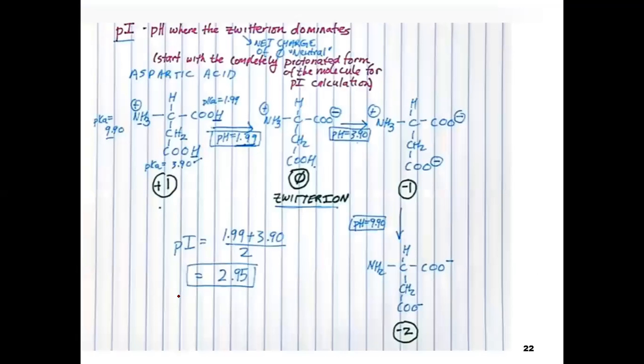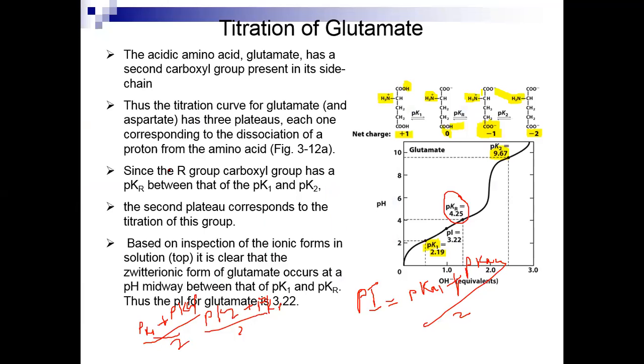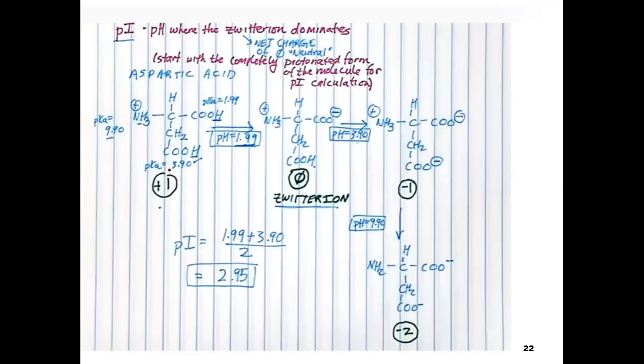If you look, after the pK1, which is around, say for example, 3 point something, zwitterions are being formed.